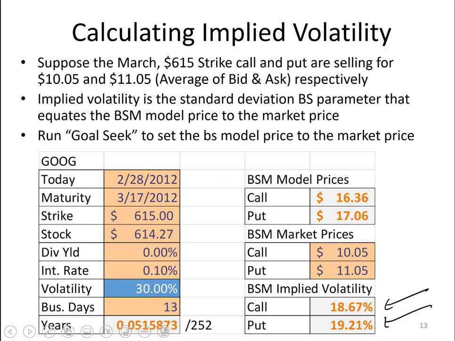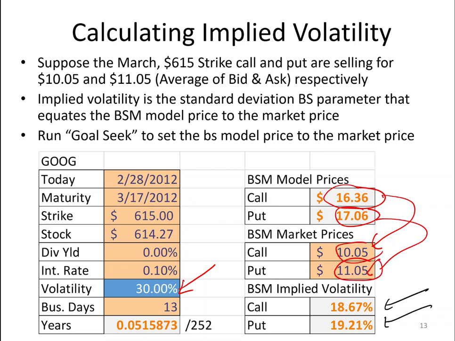So we're going to calculate something called implied volatility. What is implied volatility? It is the standard deviation input to Black-Scholes which will result in the Black-Scholes price being equal to the market price. So when I inserted the Black-Scholes model using a volatility of 30%, it gave me a model price of $16.